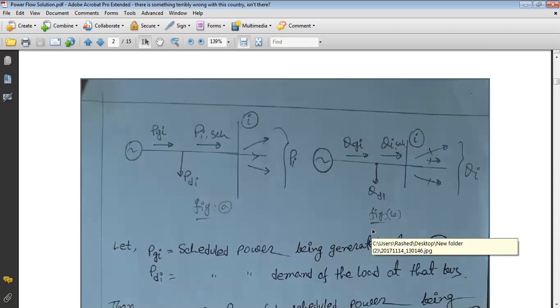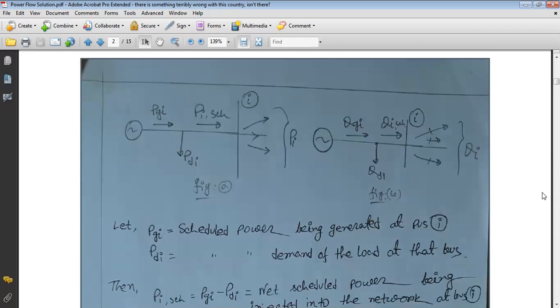Now why do we calculate this power flow solution, or why do we use these load flow studies? Because the power system is an interconnected power system, and different types of buses are connected together. If we want to calculate the individual bus voltage and angle, then we have to calculate it through a process, and that is the load flow study.